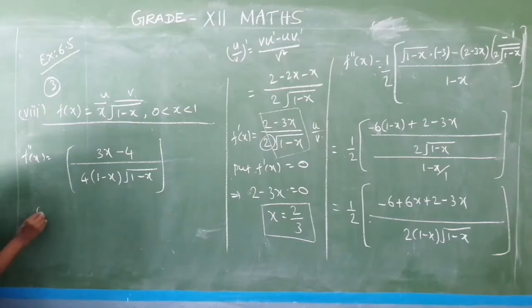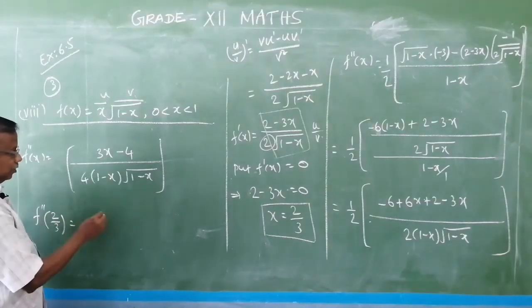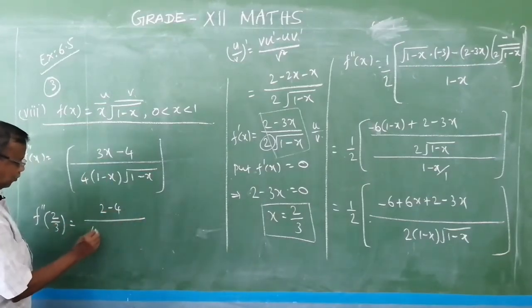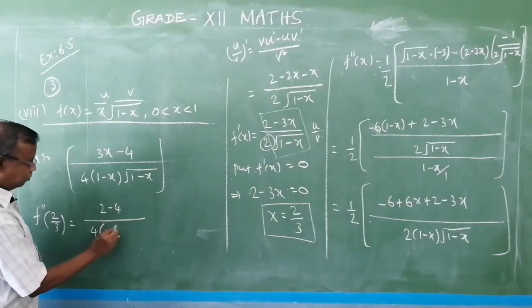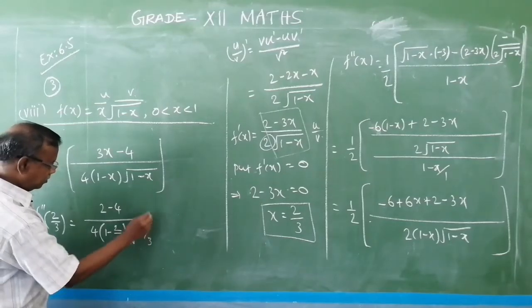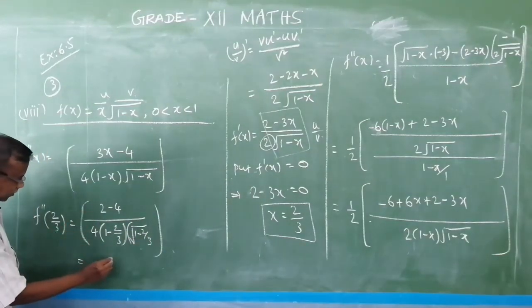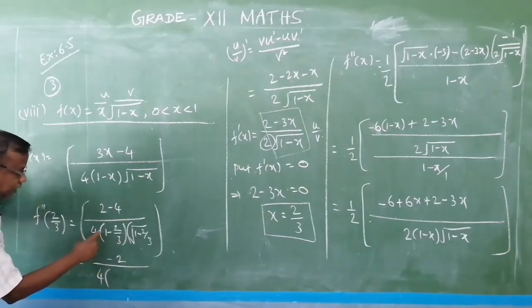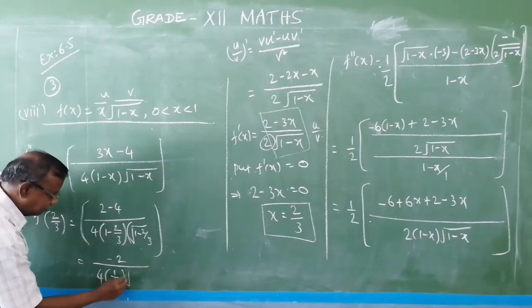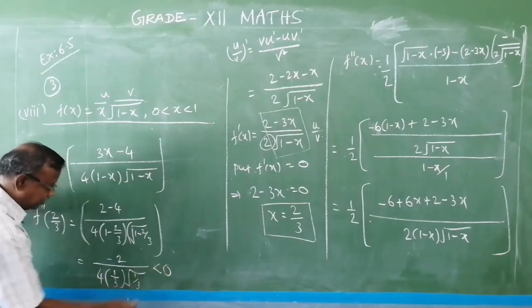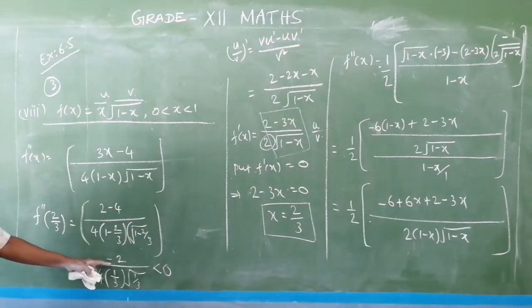Now, f double dash of 2 by 3 equal to 3 into 2 by 3 minus 2 minus 4 divided by 4 into 1 minus 2 by 3 into root of 1 minus 2 by 3, which is equal to minus 2 divided by 4 into 3 minus 2, 1 by 3 into root of 1 by 3, which is less than 0, because the entire denominator is positive and the numerator is negative.